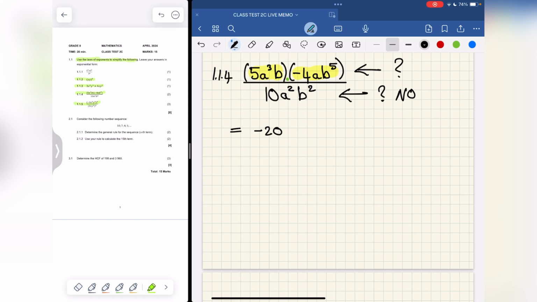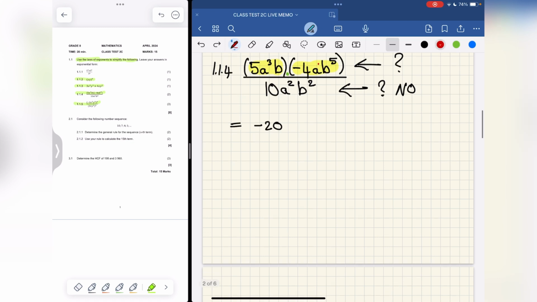Then our powers in terms of the variables: we've got a to the power 3 and a to the power 1. Remember I said that wherever I see a variable that does not have a power or an exponent, I will just put a 1 there, just to see it.